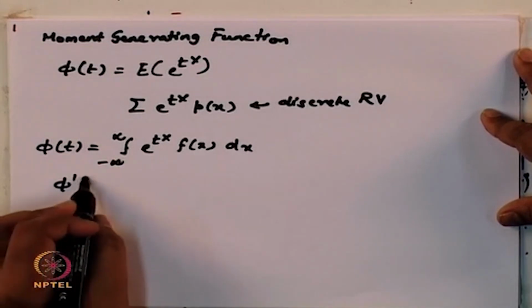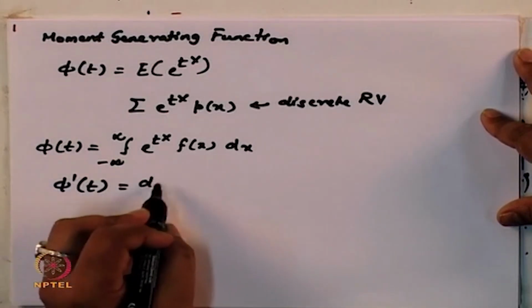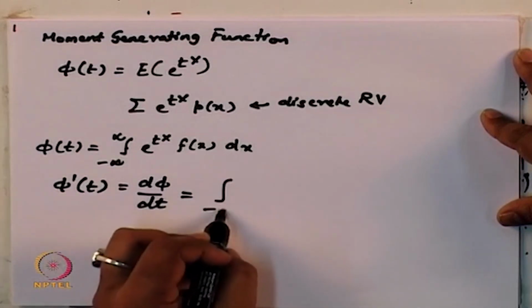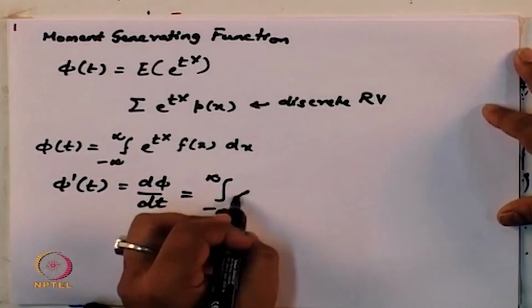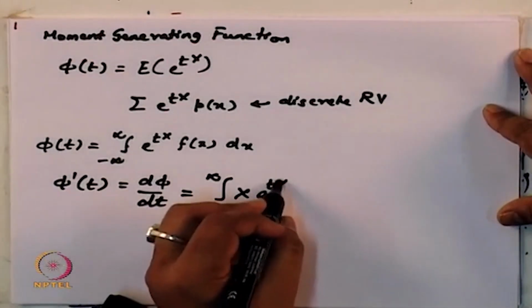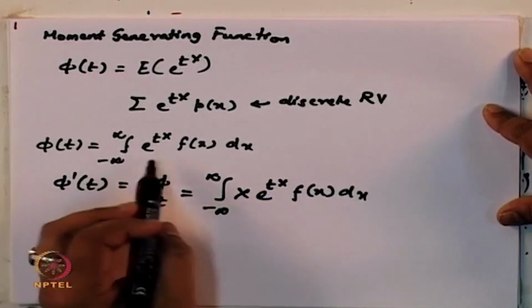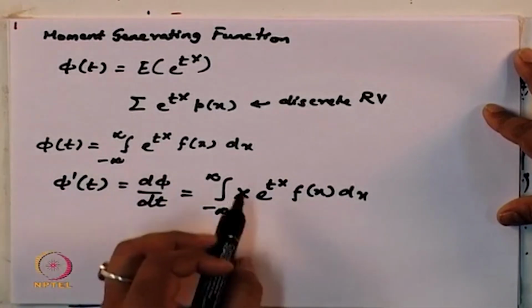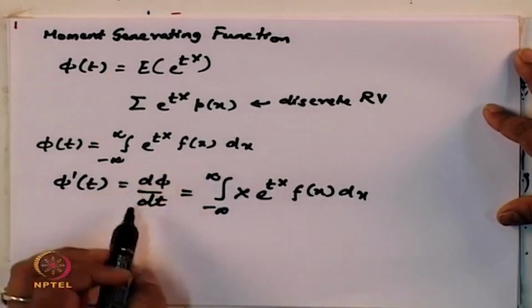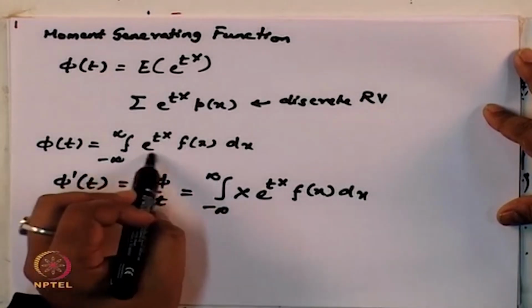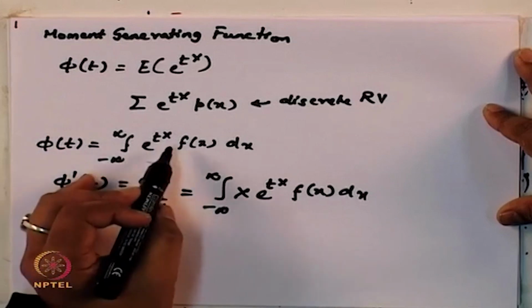So, if I do phi prime of t, which is d phi by dt, then I can write this equation as the integral of x e to the power tx f of x dx. Why? Because this entire function is a function of x except for this e to the power tx. So, when you take a derivative with respect to t, you only need to take a derivative of this component, e to the power tx.